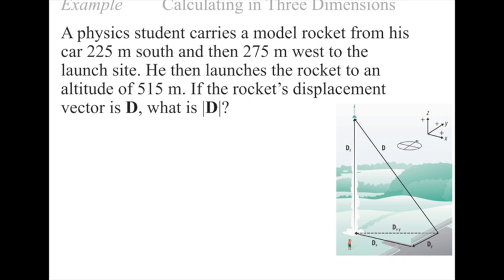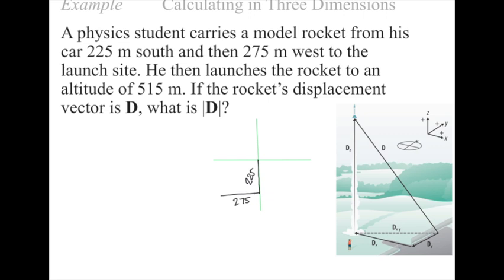If I just look at this on a north, south, east, west, they gave us a little picture over there to the right. But if I just look here, then I know that he went 225 meters south, right there. And then he went 275 meters west, something like this, okay?